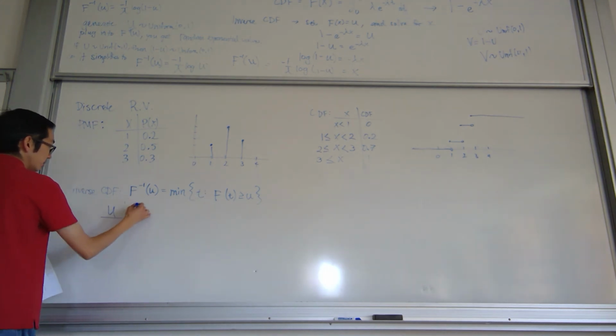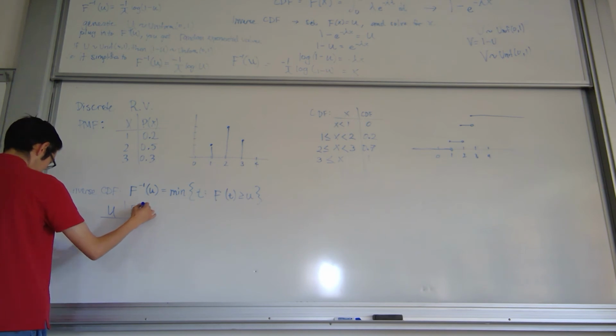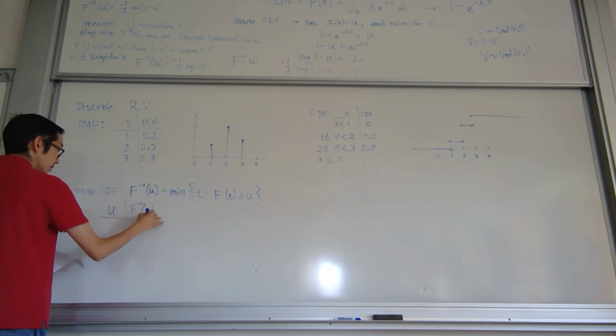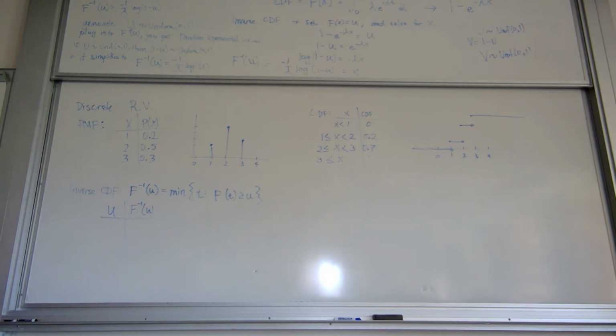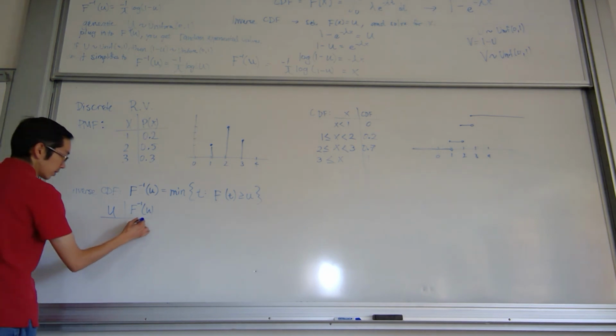So I've got u and F inverse of u. And basically, we have to map from the value 0 to 1 to these values, either 1, 2, or 3.